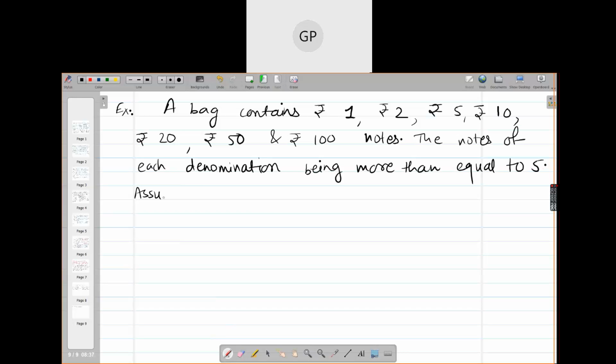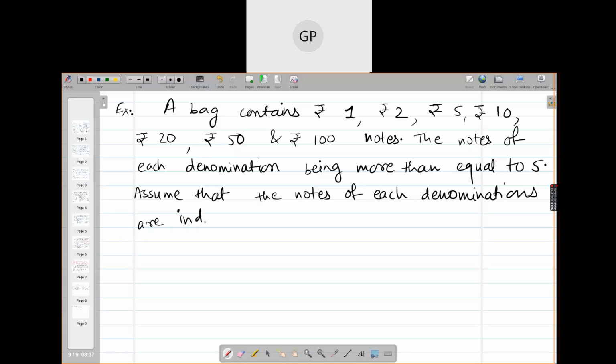Assume that the notes of each denomination are indistinguishable, means identical. So we are not considering the numbers which are printed on the notes, okay?